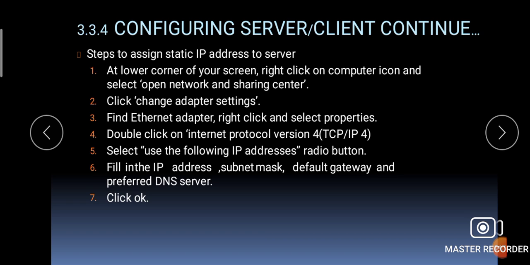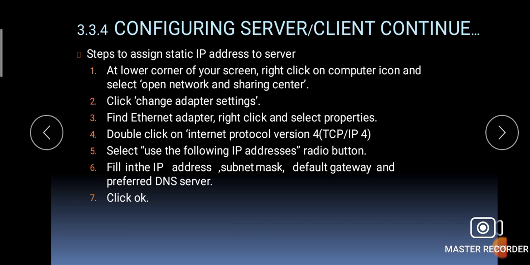So whenever our server name is changed, you have to follow the steps for assigning a static IP address to the server. First, at the lower corner of your screen, right click on the computer icon and select Open Network and Sharing Center. Then click on Change adapter settings. Then find the Ethernet adapter, right click and select Properties.